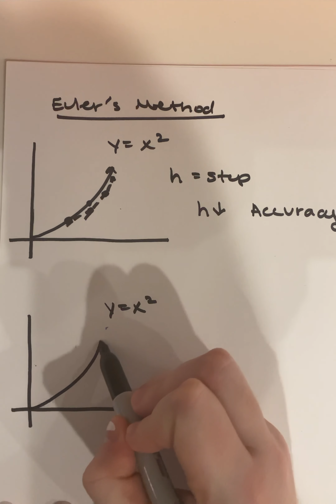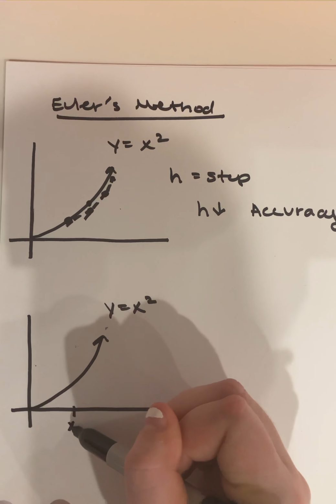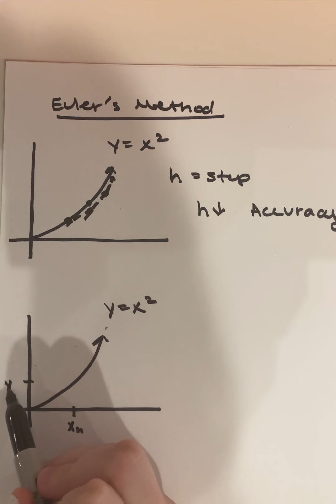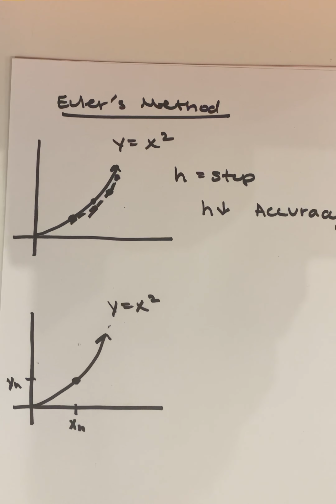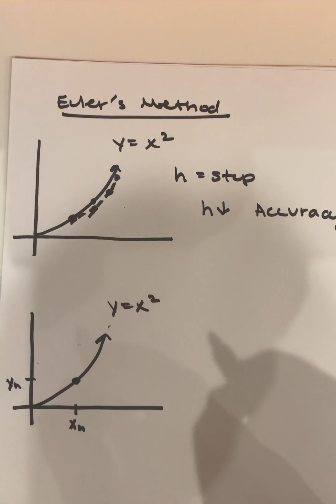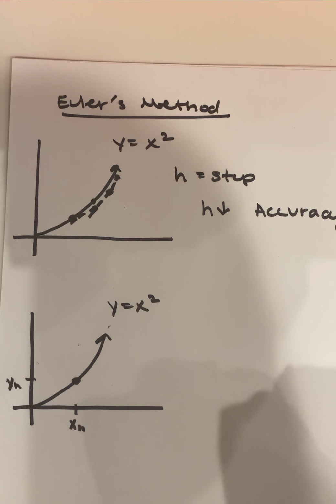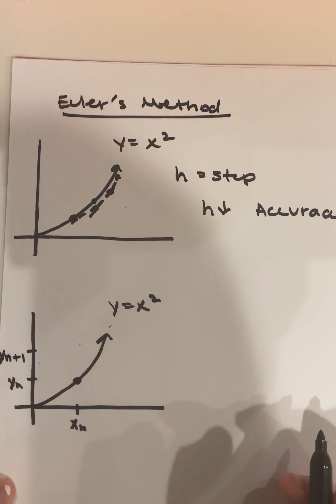Let's say at x sub n and y sub n, you have a point. That's the point that you're starting at, and you want to find the point y sub n plus 1.